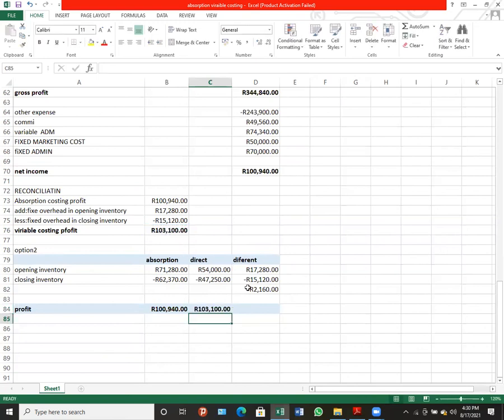And then the difference, this minus this. You see, guys, I still get the same thing. This is the second option. They can ask you on this, or on this, to do reconciliation using this format or this one.